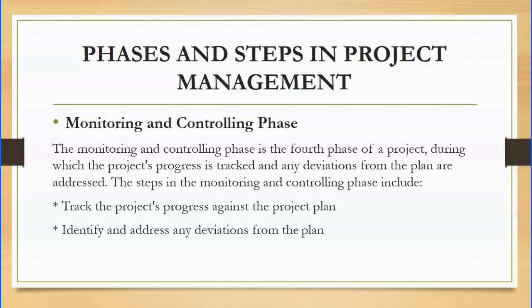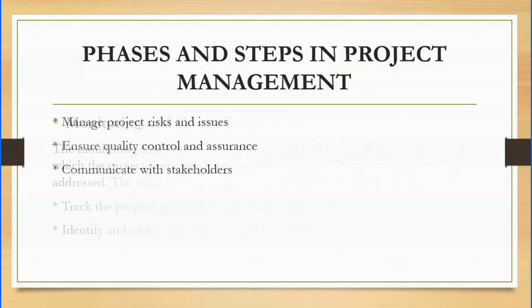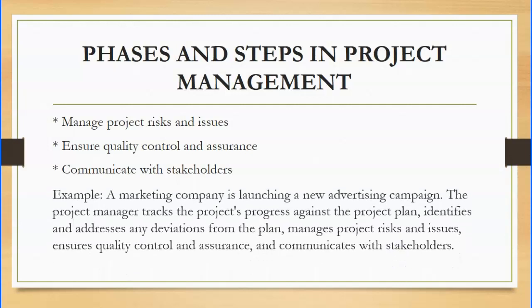The first step is tracking the project's progress against the project plan. You also have to identify and address any deviations from the plan. The other one is to manage project risks and issues, ensure quality control and assurance, and communicate with stakeholders.